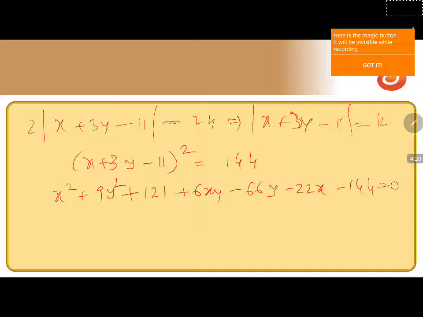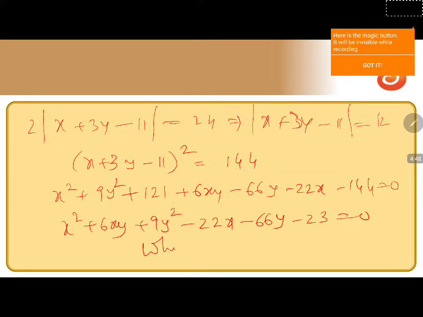So if I put it in order, x square plus 6xy plus 9y square minus 22x minus 66y minus 23 is equal to 0, which is the locus.